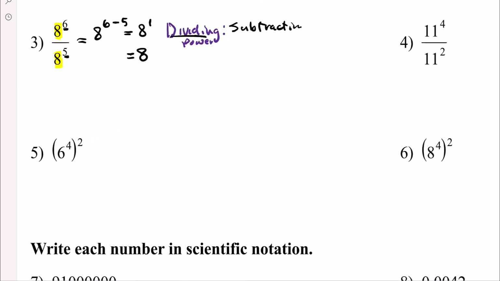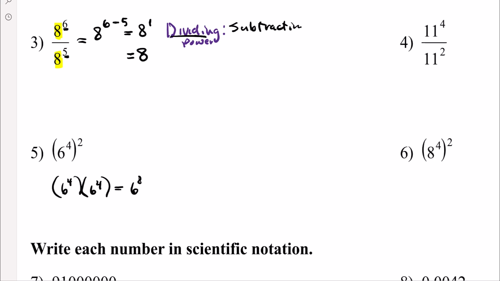When you raise a power to a power, well, if something's squared, it means the exact same thing times itself. Well, now we've got powers being multiplied, so you would add the exponents. 4 plus 4 is 8.